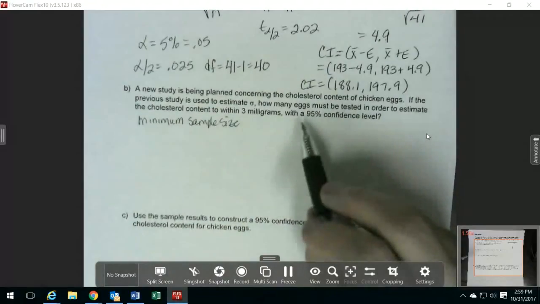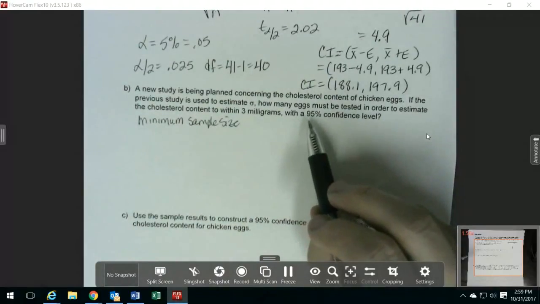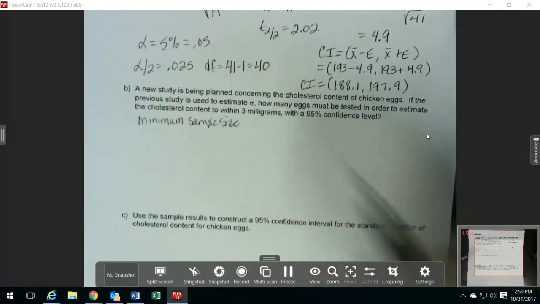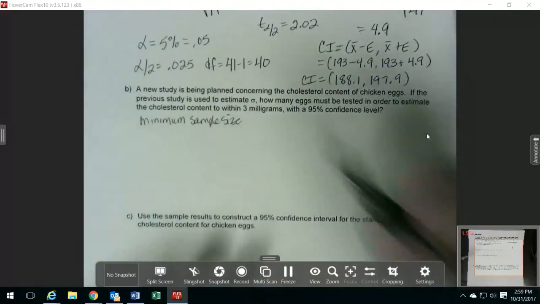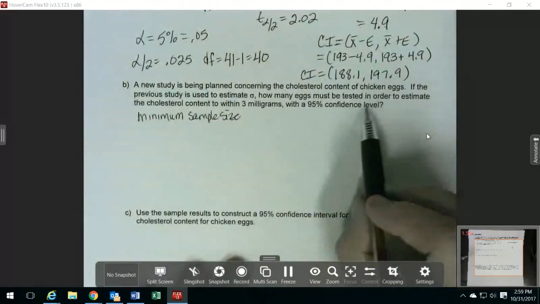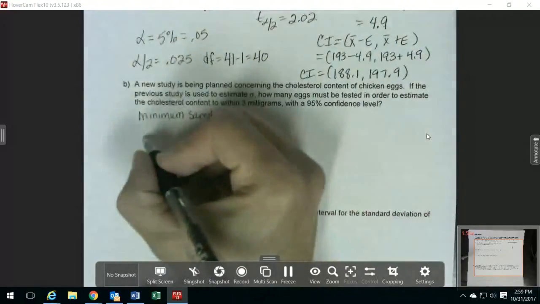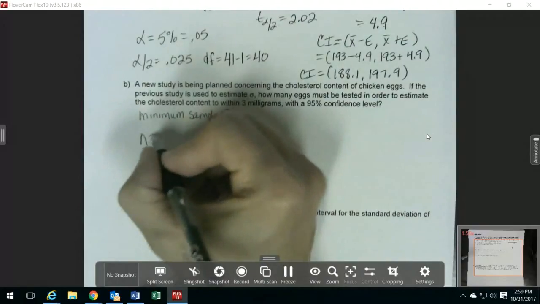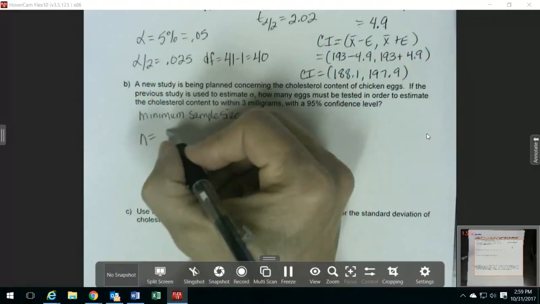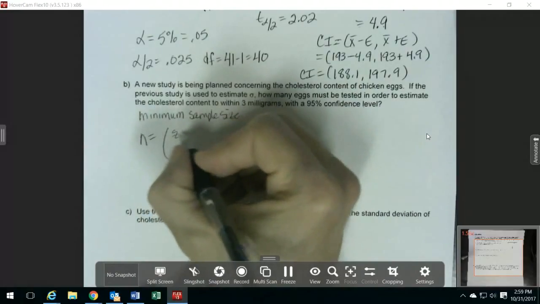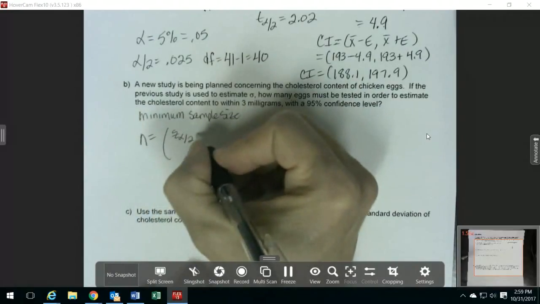And keep in mind on these problems, if it doesn't give you a sample size, but it's talking about a confidence level and so on, then it's probably asking you to find the minimum sample size. And since this has to do with a mean, then the formula looks like this.